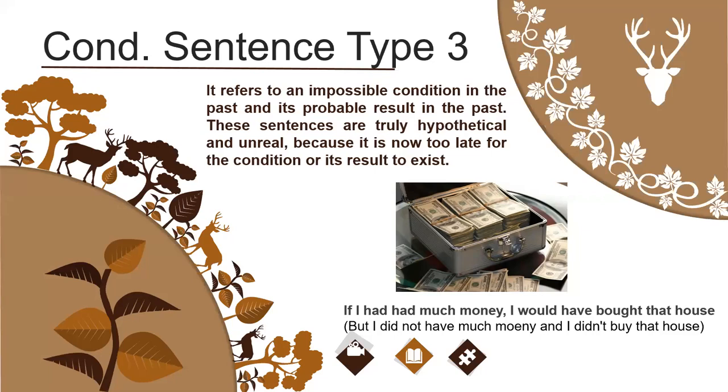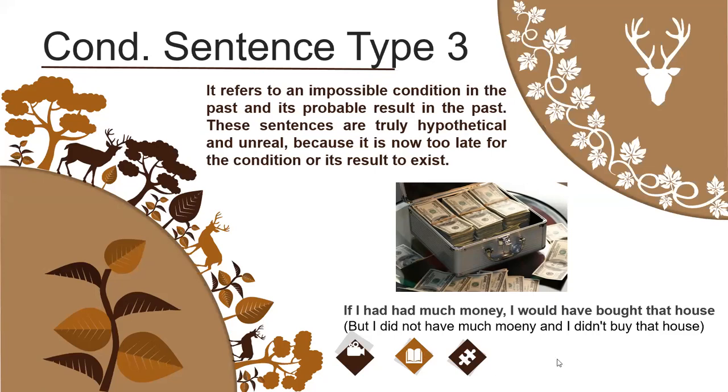If we compare to conditional sentence type 2, the fact is present tense, but it is impossible to happen, or it is unreal. In conditional sentence type 3, the fact or the reality is simple past tense. Can you understand? Or do you have any problem?